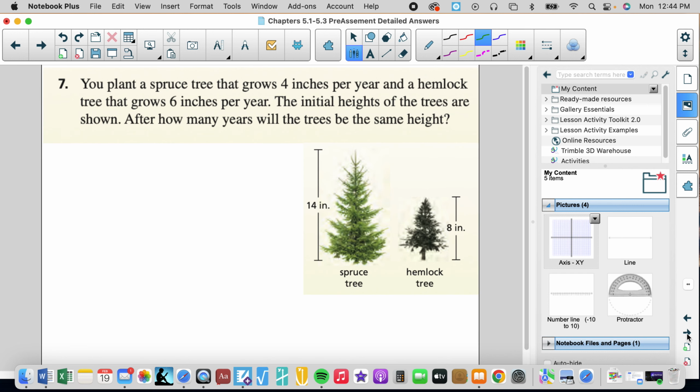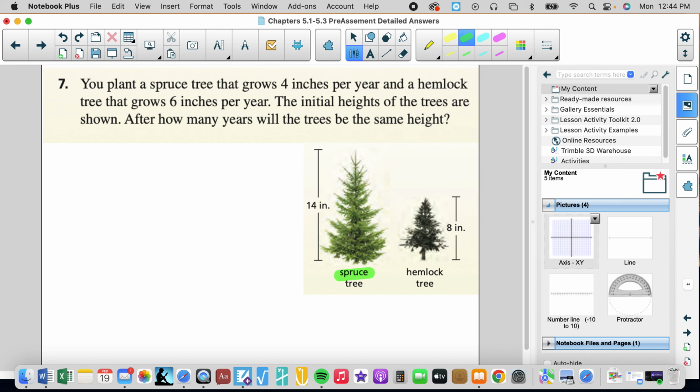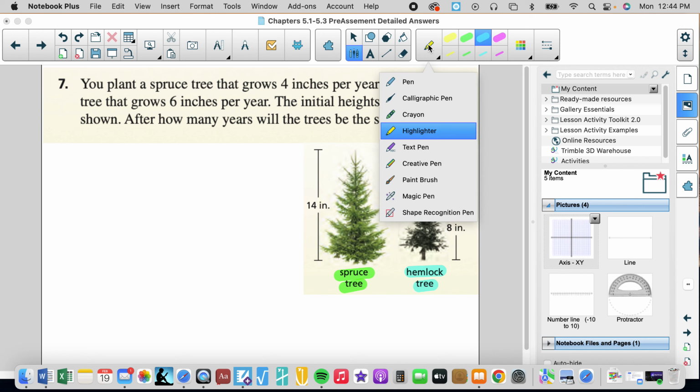You plant a spruce tree that grows 4 inches per year and a hemlock tree that grows 6 inches per year. The initial height of the trees are shown. All right, so let's do spruce in green. Let's do hemlock in blue.